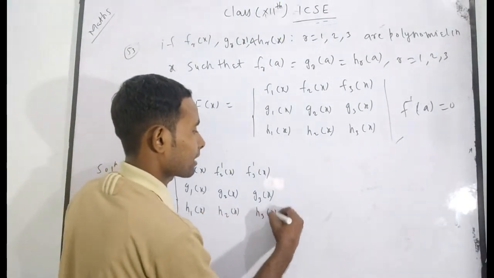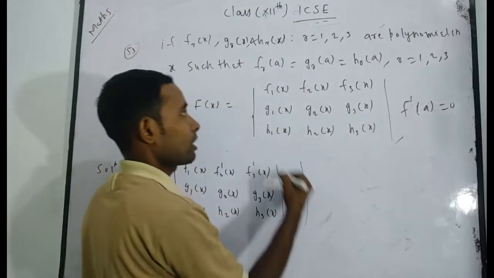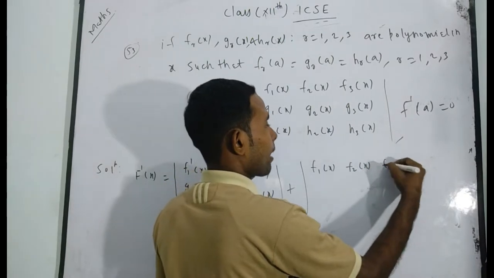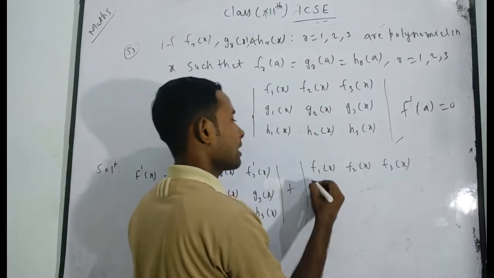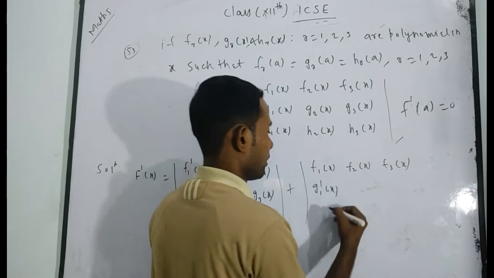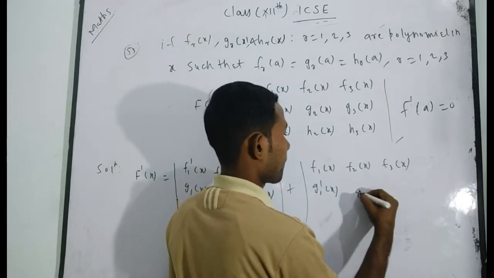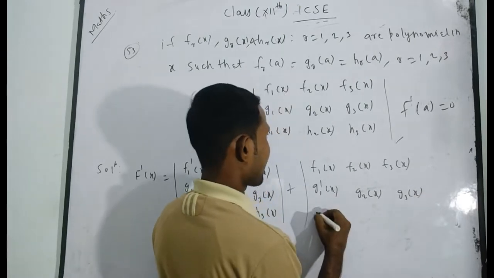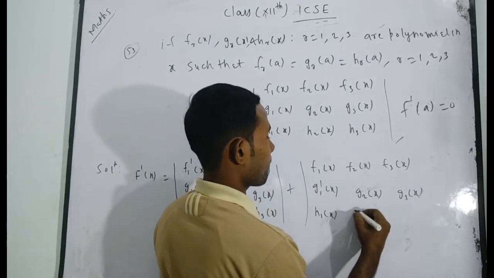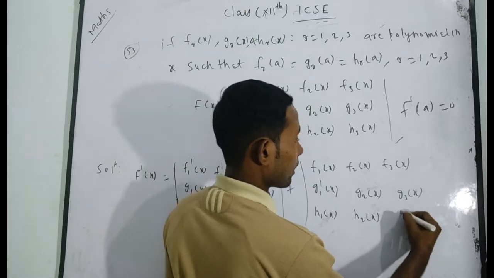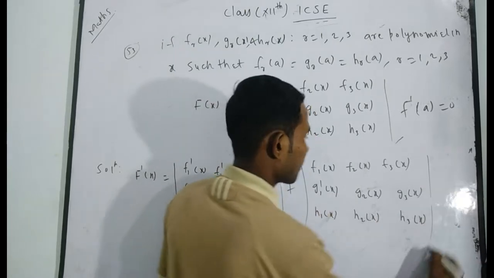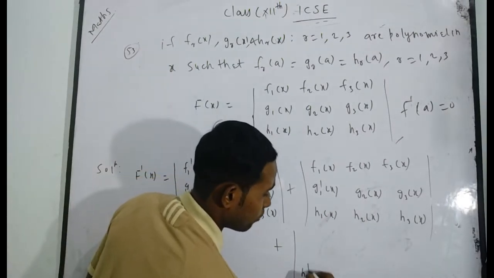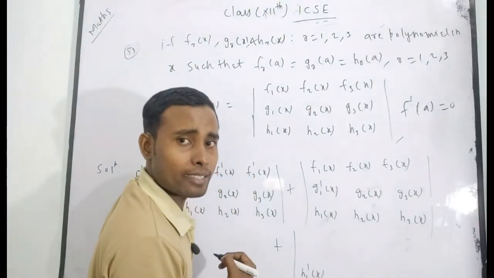In the second part, again write f1x, f2x and f3x, differentiate the second row to get g1 dash x, g2 dash x and g3 dash x, and write the third row again same as your question. Now in the third part, differentiate the third row, that means h1 dash x.